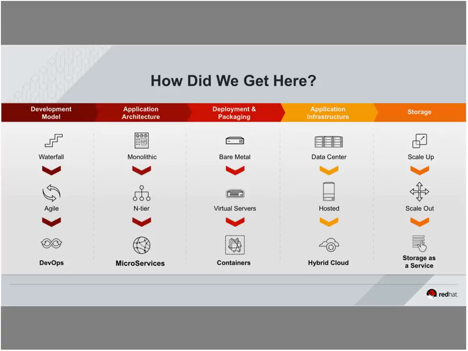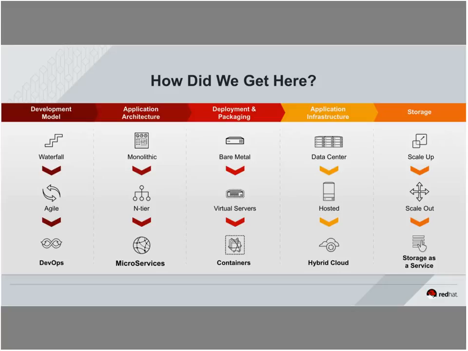So if you look at development models, we started off with the waterfall methodology, and then that became too slow and cumbersome to ship products, and so we moved into a more iterative, shorter time frame model around agile, and over time the next iteration of agile was DevOps, where we segmented developers and operations along the lines of applications rather than having centralized functions.